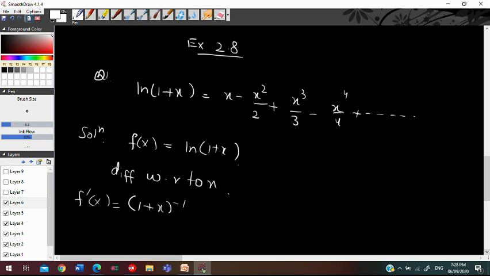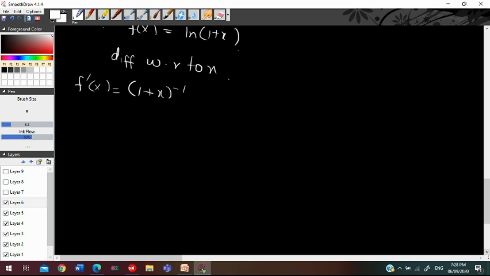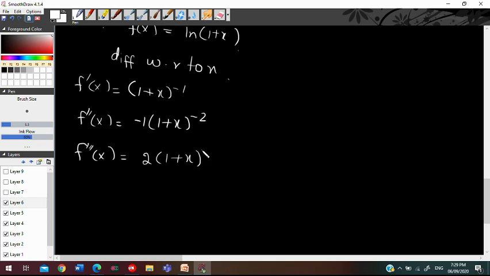In the example, I found different derivatives, and here luckily the function is the same, so no need to show you the whole procedure of how I find the derivative. So now f double prime of x is equal to minus 1 into (1 plus x) power minus 2. F triple prime of x is equal to 2 into (1 plus x) power minus 3. And the fourth derivative is minus 6 into (1 plus x) power minus 4.